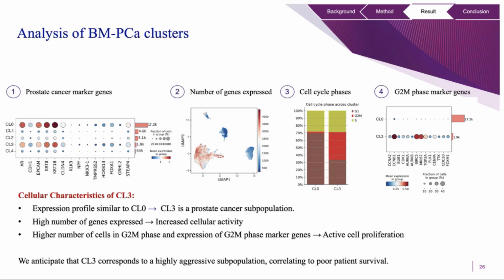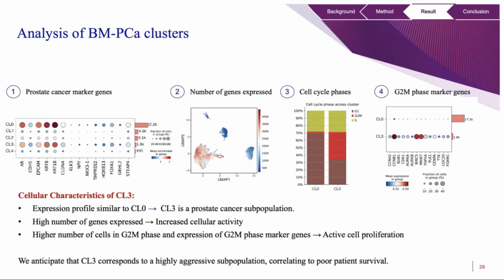Since it was coming out to be the most aggressive, we checked a couple of other things. We saw that this cluster has very high gene expression similar to our prostate cancer cluster. We can also see that most of the cells in that cluster are involved in cell cycling, in the G2M phase, and they also express the G2M markers more compared to the normal prostate cancer cluster.